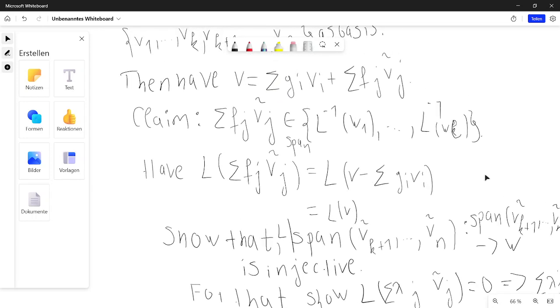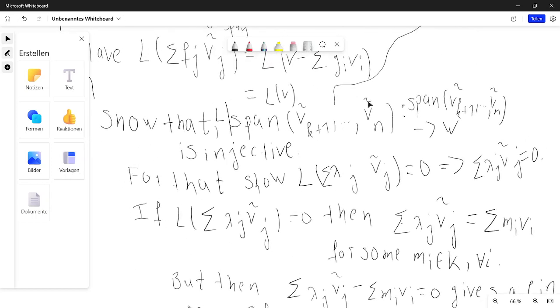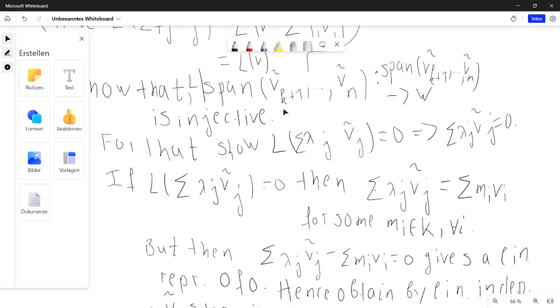We just need to show that those vectors are indeed mapped to distinct things. And we need injectivity also to translate linear independence.